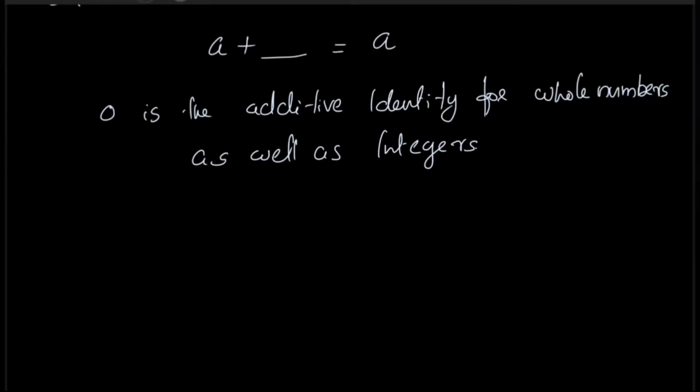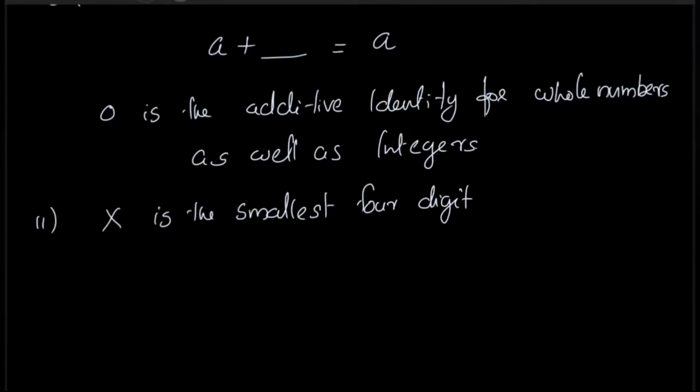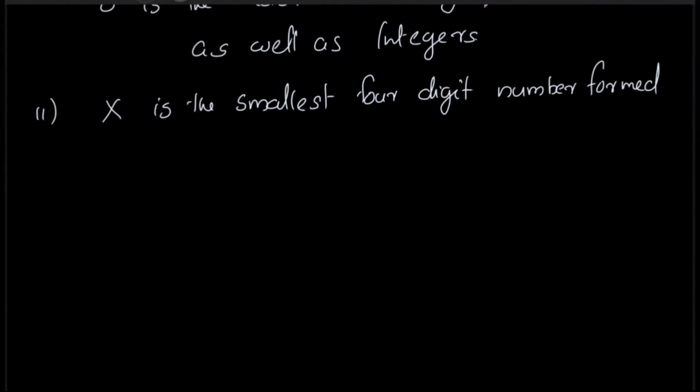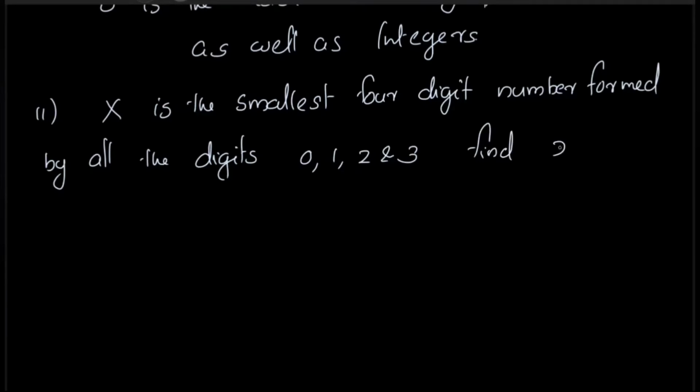Next question is the 11th question. x is the smallest 4-digit number formed by all the digits 0, 1, 2 and 3.